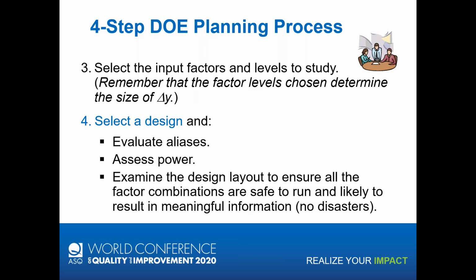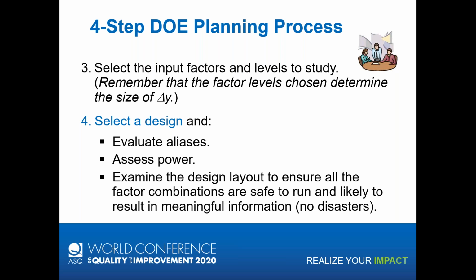All right. Then, of course, you have to think about those factor ranges. You need to have ranges that are wide enough that it's going to cause a change in the response, but not too wide so that you would get immeasurable results, that you can't even get a good solid measurement out of.